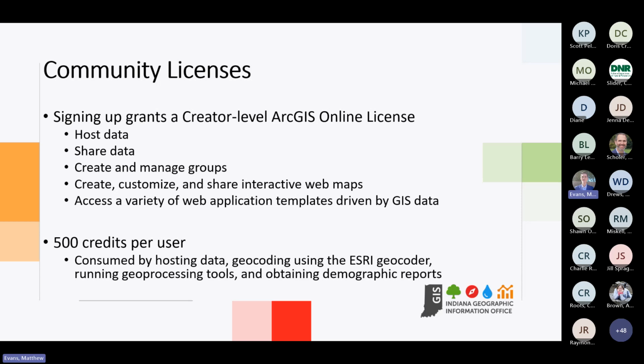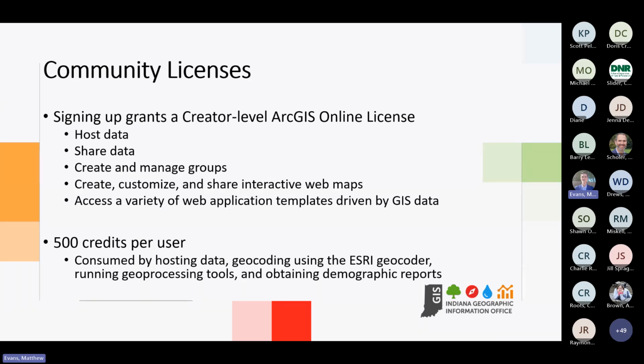With these free accounts, we also give any user 500 credits, and these credits are a currency in ArcGIS Online that are consumed by a variety of different tasks that you might do. The main ones are listed below on that slide. Hosting data will consume credits at a rate based on the size of the data that you're hosting.